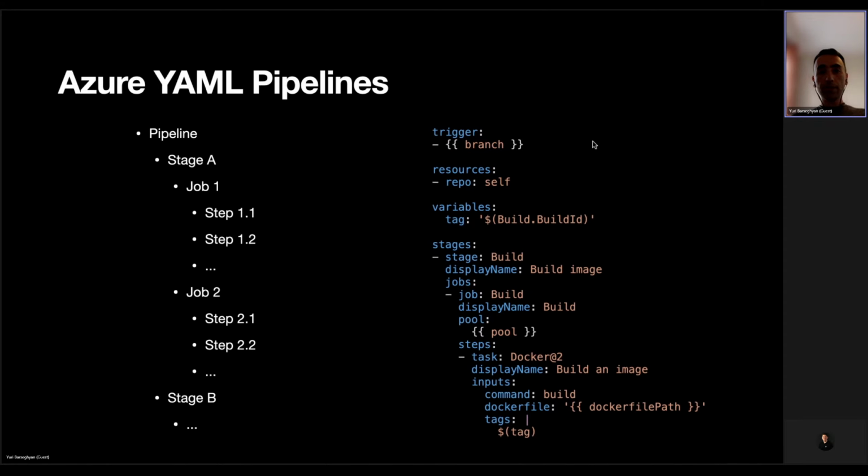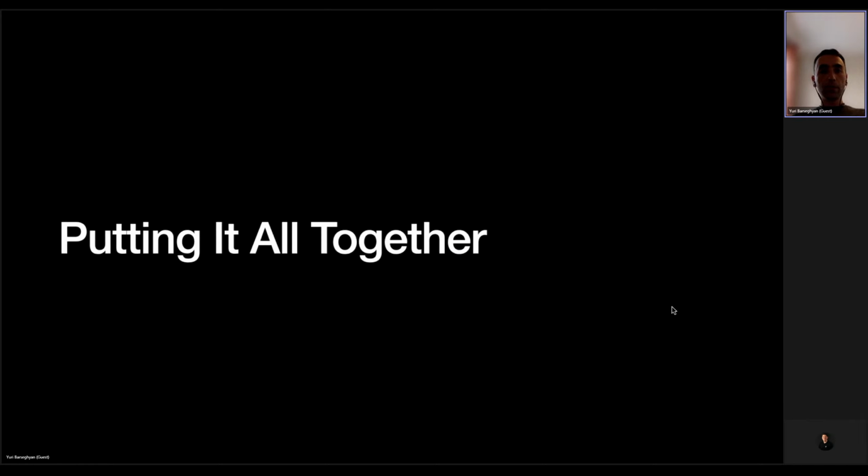And here is exactly an example which does the Docker build, for example. This is an example of a YAML pipeline. Your pipeline can also be committed to a Git repository, and you can have it with your code, and that's actually what we are doing.